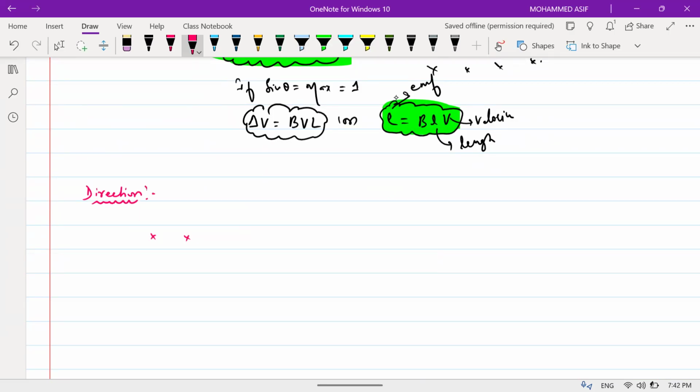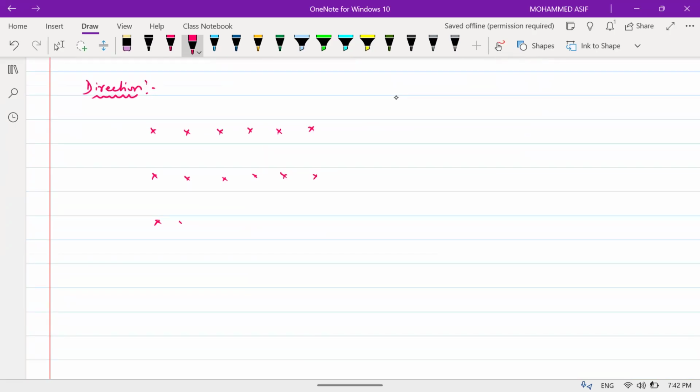Say this is the magnetic field which is into the paper, and I am keeping a conductor in this magnetic field, some uniform conductor.